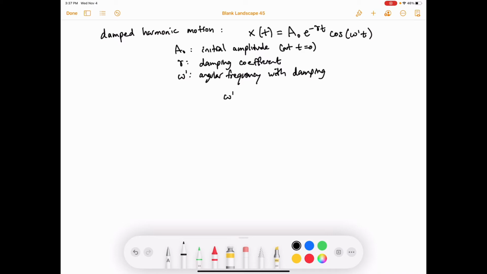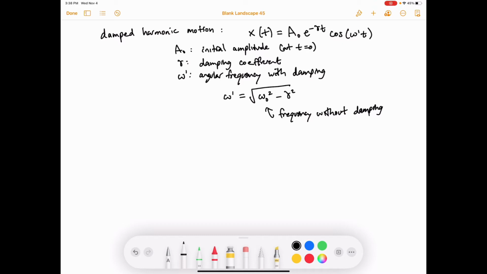Omega prime is actually given by the square root of omega naught squared minus gamma squared, where omega naught is the frequency without damping. So what we're seeing here is that with damping, the angular frequency decreases. The oscillation happens a little bit slower.